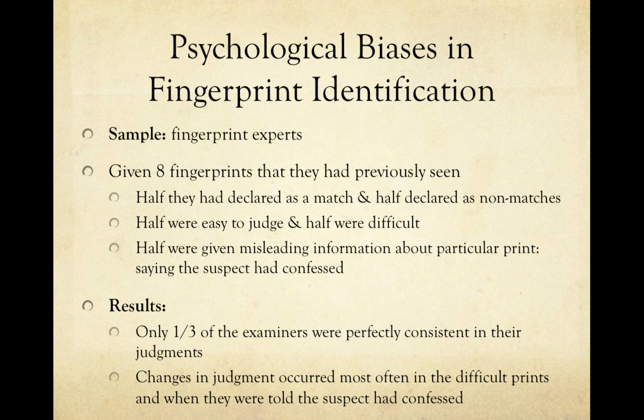And the changes in judgment that did occur, they occurred most often in the difficult print condition, which makes sense, but then also when they were told the suspect confessed. So you can see here that knowing that the suspect had confessed biased their decision-making on this task.